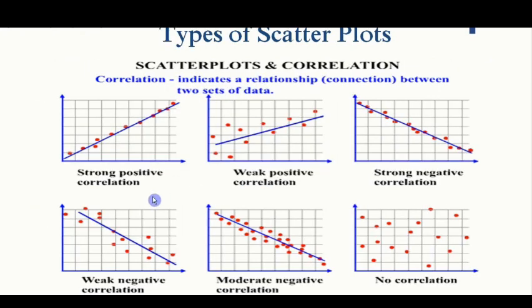Pictorially, suppose you have plotted the x variable on this axis and the y variable on this, and each of these is a data point corresponding to those x and y coordinates, and the pattern in the points is shown like this.